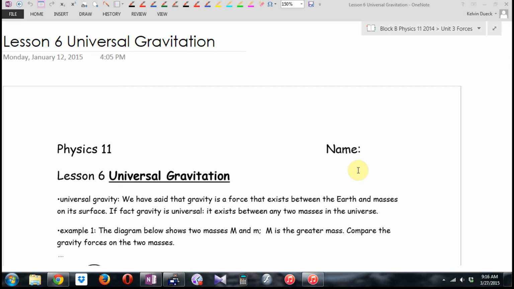Well, it gets smaller. In fact, if you went to the edge of the universe, there'd be no gravity. A lot of people think there's no gravity in outer space, like by the International Space Station. Actually, there is. That's a different phenomenon. But the law of universal gravitation is what Sir Isaac Newton came up with.